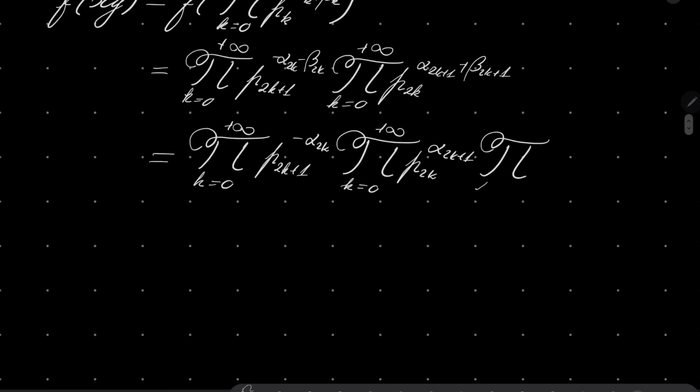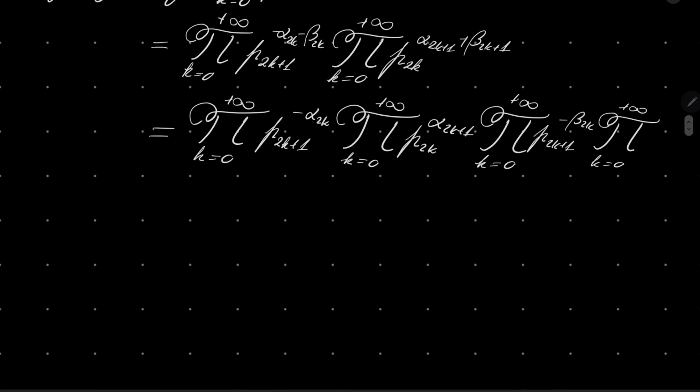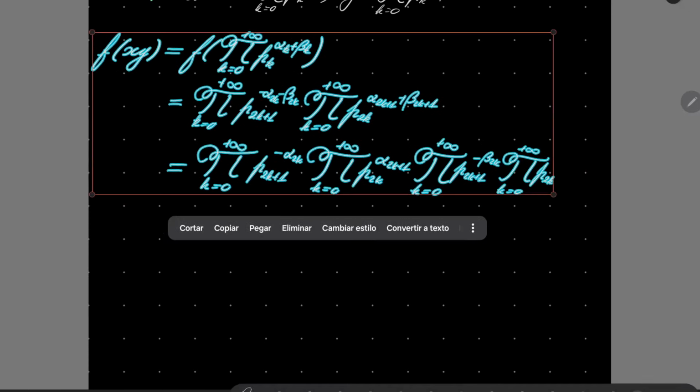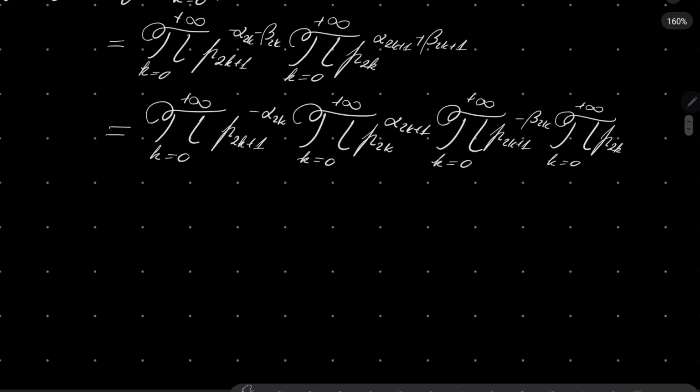Then I will write the product of p2k plus 1 to the power minus beta 2k. And finally, I will write the product of p2k to the power beta 2k plus 1.